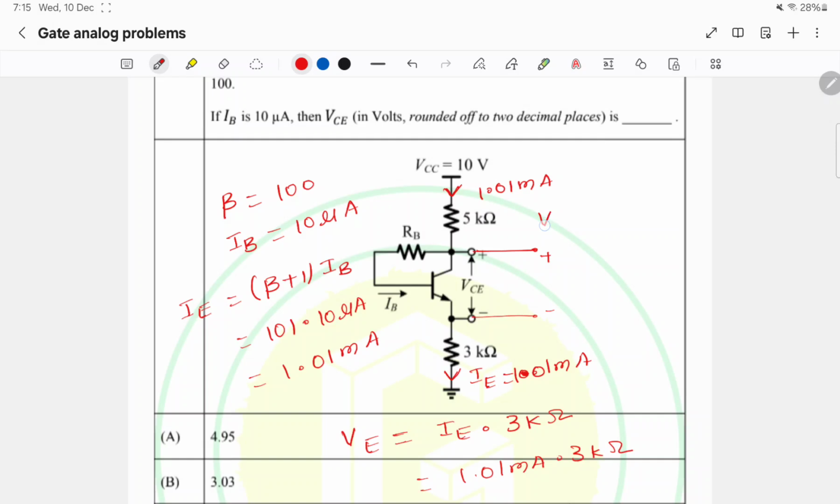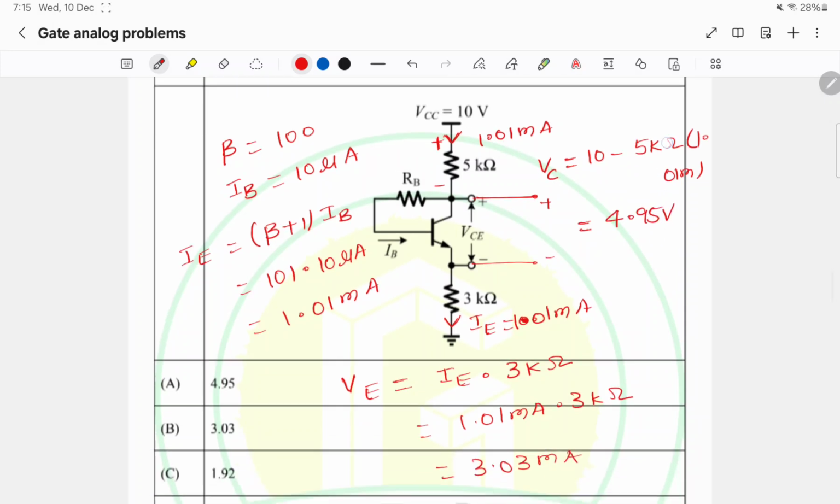So VC will be 10 volts minus the voltage drop across this 5 kilo ohms resistor, 5 kilo ohms into 1.01 milliamps. That is 4.95 volts.